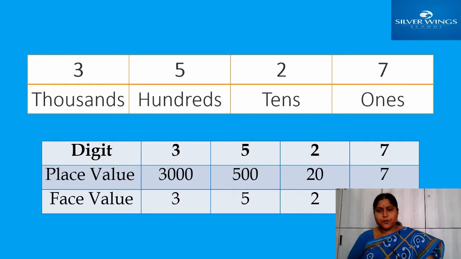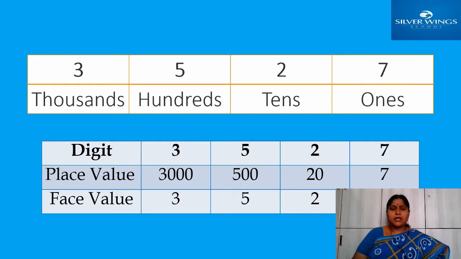Extreme right, no problem. Here in the middle also, no problem. Whatever they are asking, you should say the same digit. Suppose I ask what is the face value of 5, it means 5 only. 7 means 7 only. 2 means 2 only. 3 means 3 only. Very easy, no? Yes, face value means like that. The digit itself. Okay. Now see here, I gave in the table about place value and face value.